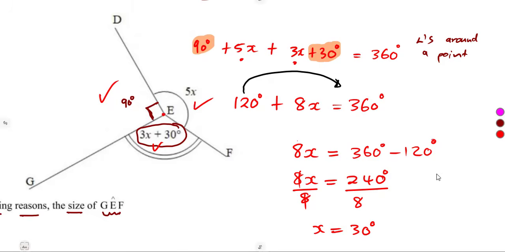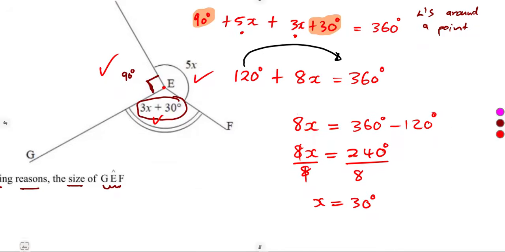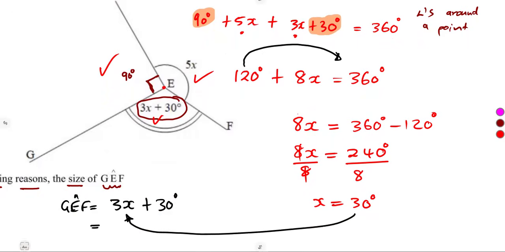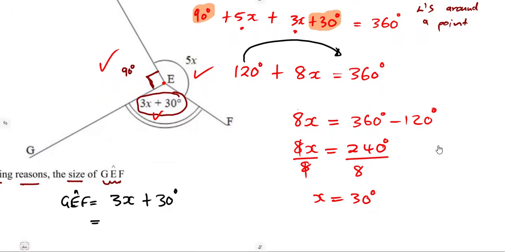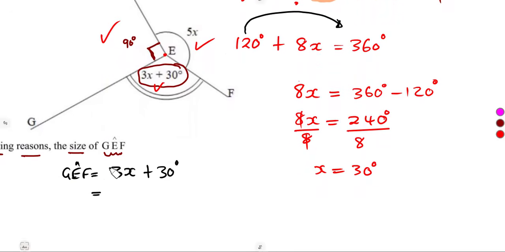We obtained the x value for us to determine the angle, which is given as what? GEF. Since it is given in terms of x, 3x plus 30 degrees, we must substitute the x value now into the given expression for the angle.